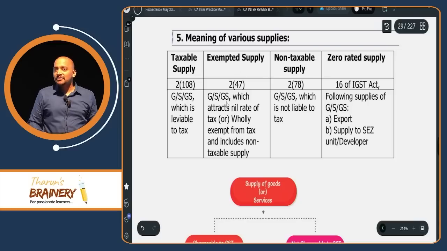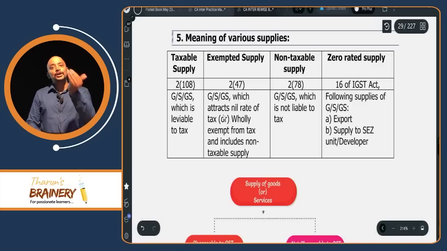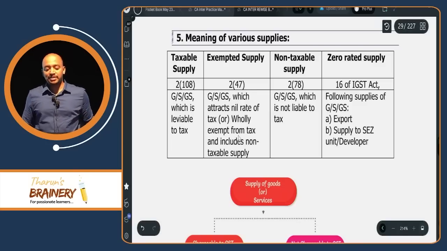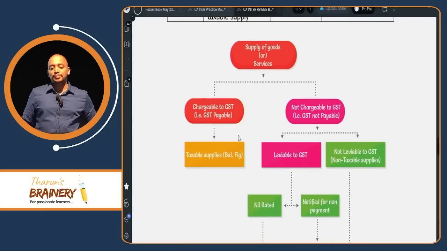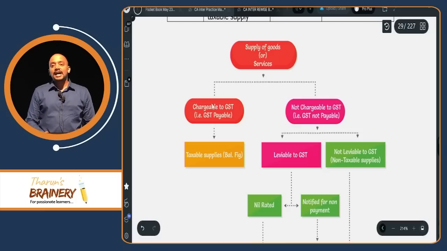So the balancing figure is taxable supply. Does taxable supply include exempted supply? No. Taxable supply will not include exempted supply, because exempted supply includes non-taxable supply. You can see the chart below. If supply of goods or services is chargeable to GST, that is GST is payable, then it will be called as taxable supply.